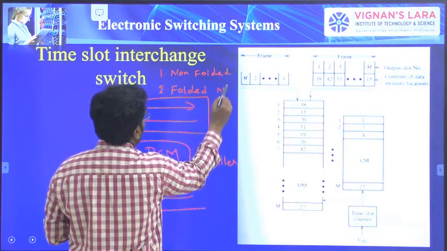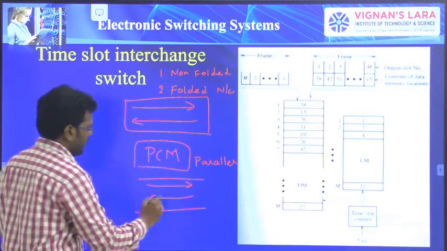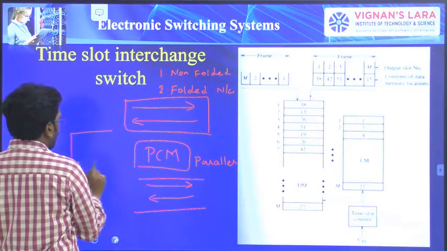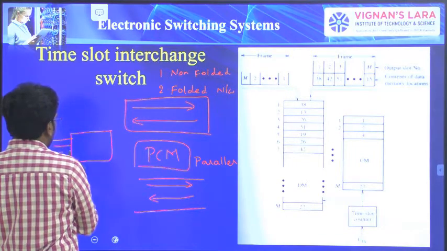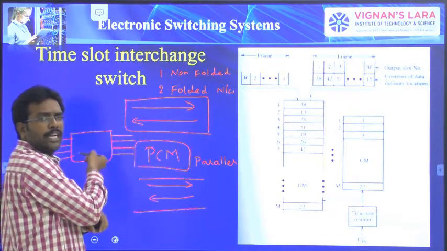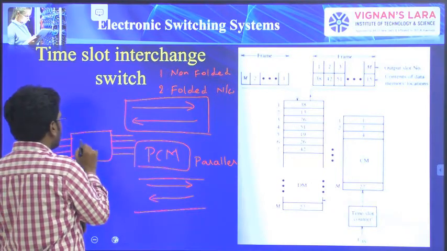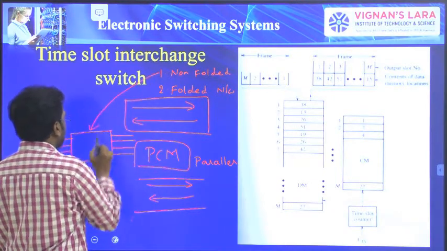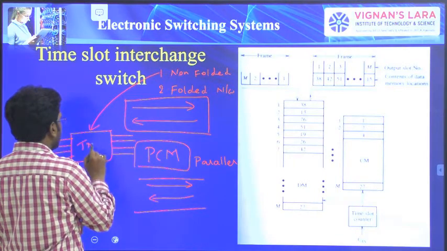What is a non-folded network? Generally, non-folded means there is no connection from inlets to outlets. These outlets may not have connection to the inlets. Generally, we use this type of network in transit exchanges.